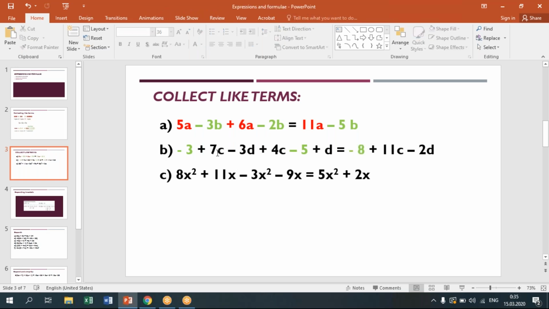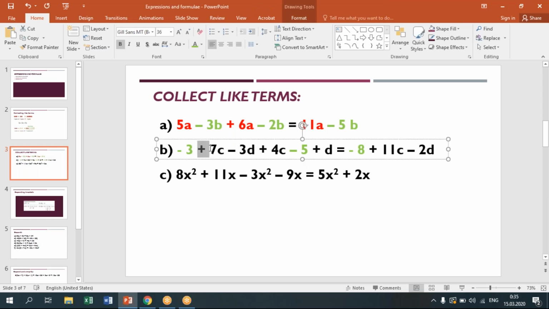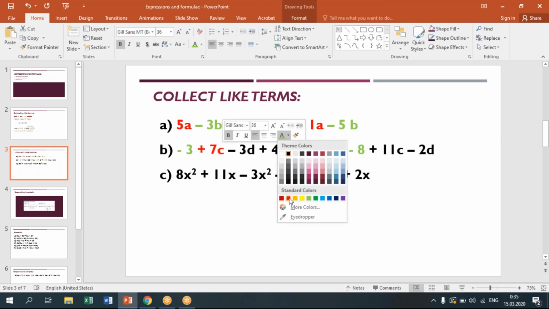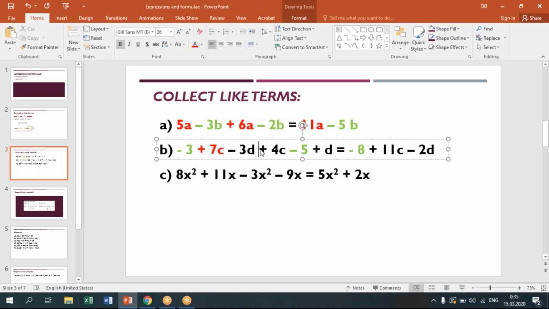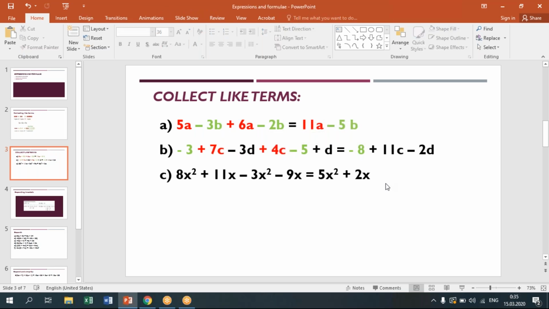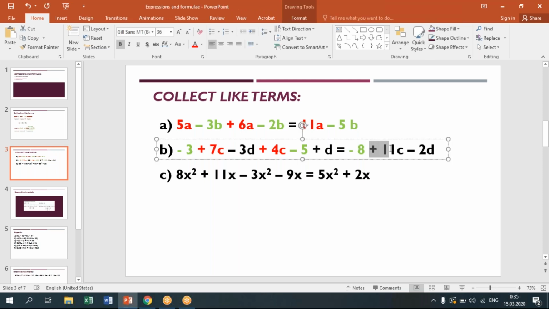Now let's talk about C. We have positive 7C, and we have positive 4C. Positive 7C plus 4C will be positive 11C.